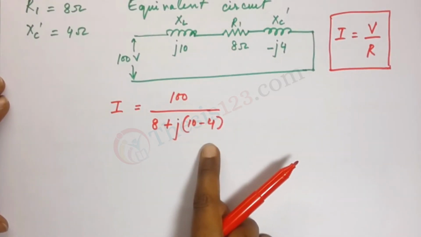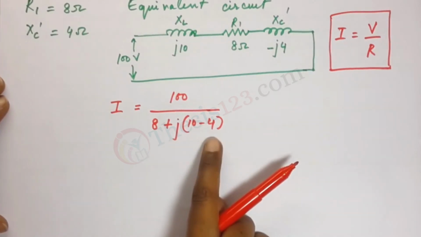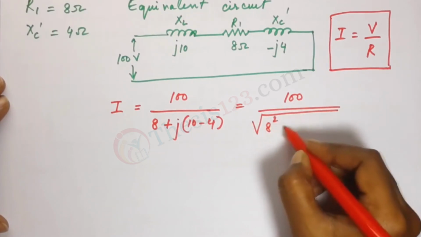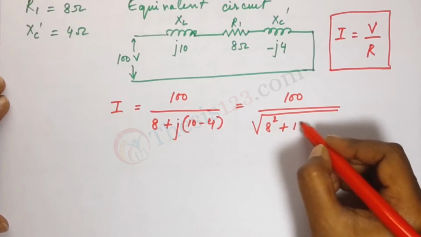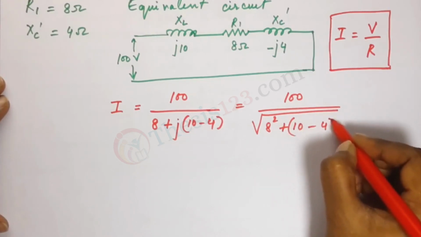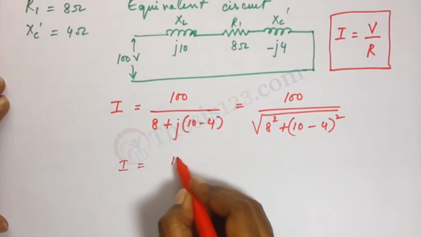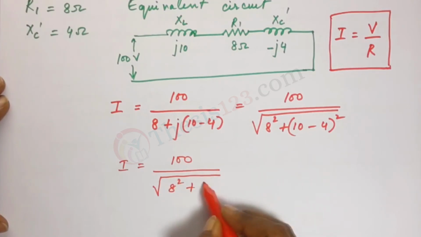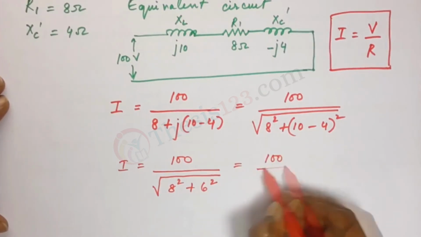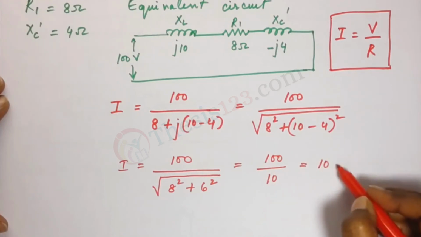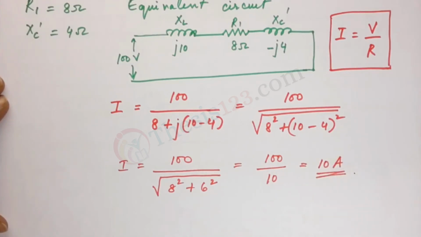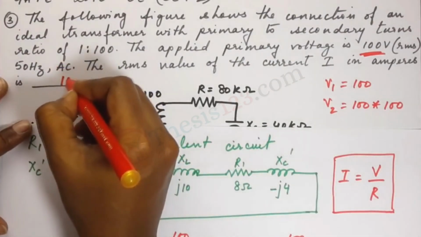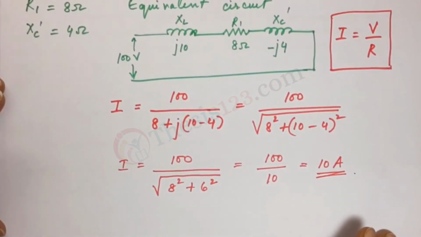To find the magnitude, we find the resultant, which is 100 divided by the root of 8 squared plus 10 minus 4 squared. That gives us 100 divided by the root of 8 squared plus 6 squared, which is 100 by 10, and that gives us 10. So 10 amps is the RMS value of the current. That's our final answer here. I hope this has helped.